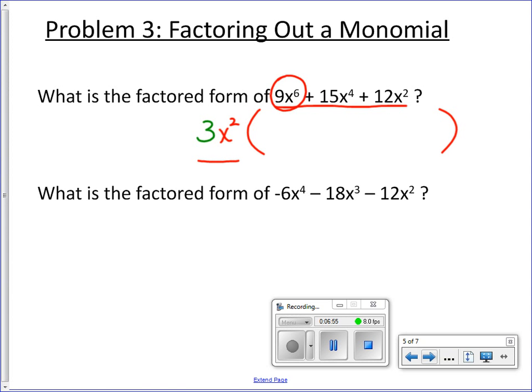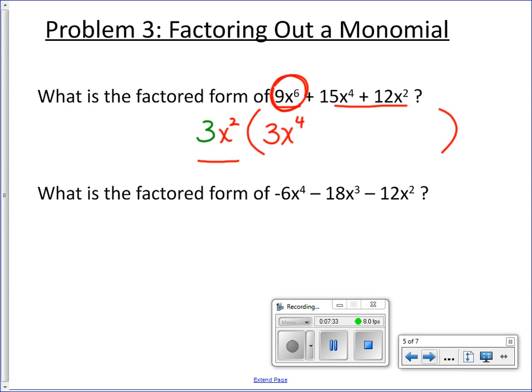Since 3 times 3 is 9, 3 is going to be a part of it. And then x squared times x to what power will give you x to the 6th? Hopefully from chapter 7 you recall that we add our exponents. x squared times x to the 4th is x to the 6th. So that would be 3x to the 4th. 3x squared times 3x to the 4th gives us our 9x to the 6th.